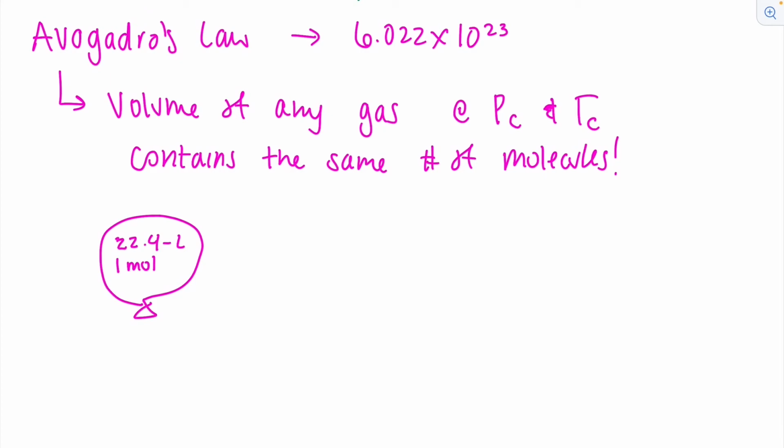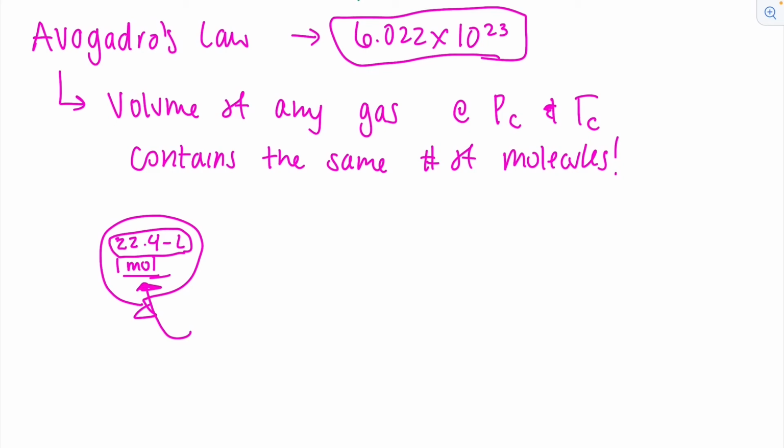And the reason it doesn't matter is because under ideal conditions, the type of gas does not change the force exerted on the walls, and it doesn't change how temperature affects the gas. And because of that, the amount of molecules that have to be in a balloon to equal this amount is always 1 mole. This is where this number came from, because we know that 1 mole is 6.022 times 10 to the 23 molecules, or atoms, or particles, whatever.